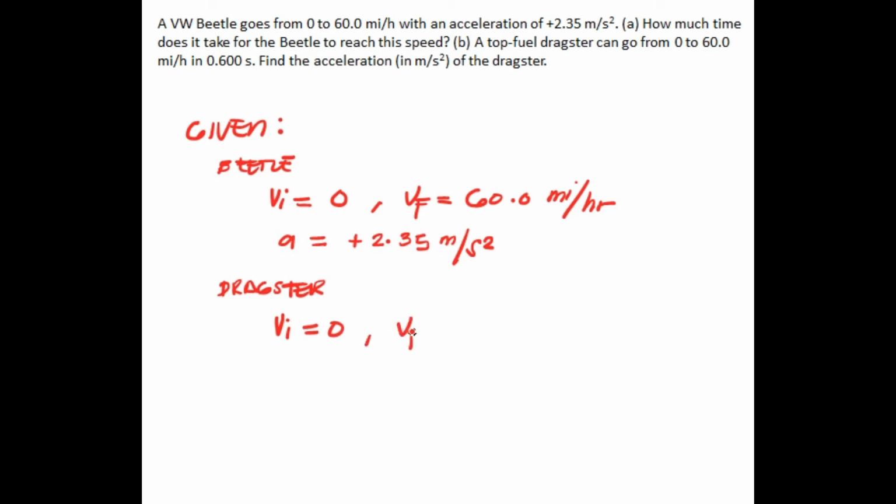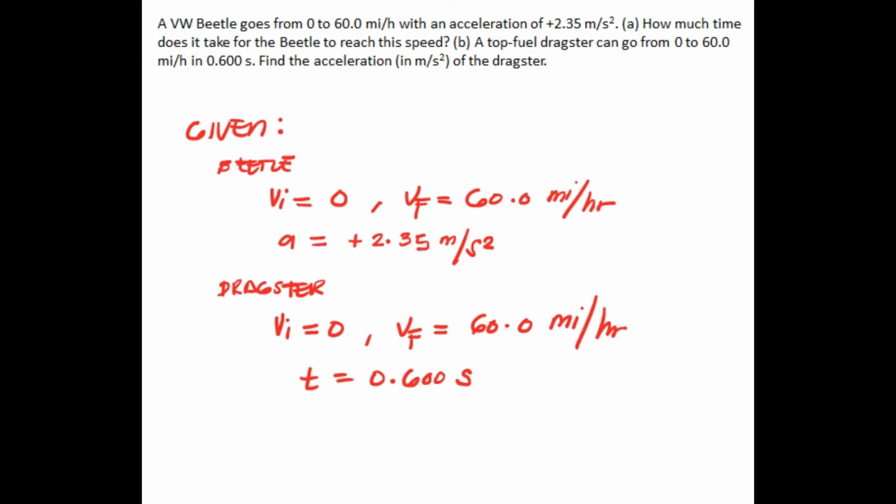The final velocity of the dragster is also 60 miles per hour, in just a time of 0.6 seconds. So these are the givens for the Beetle and for the dragster.